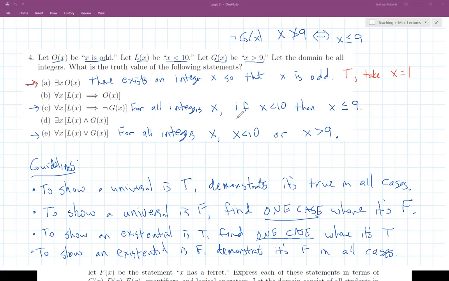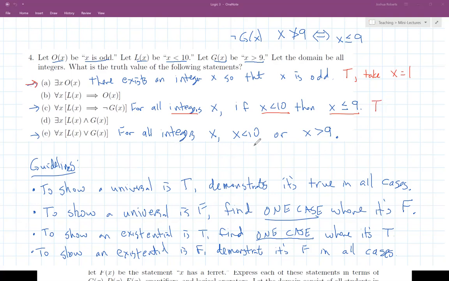Next, for all integers x, if x is less than 10, then x is less than or equal to 9. Well, remember, we're only dealing with integers. We don't worry about all those real numbers or rational numbers in between 9 and 10. If an integer is less than 10, that's where your domain matters, then it is less than or equal to 9, so this is true.